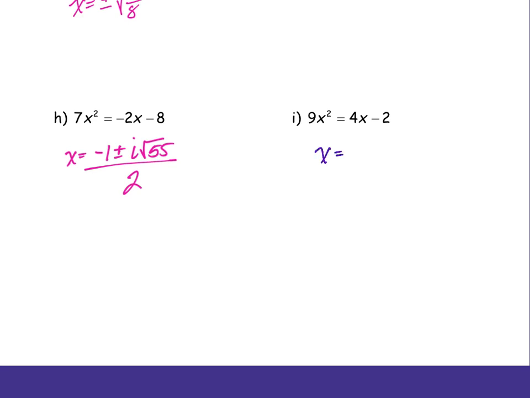X is going to equal 2 plus or minus i root 14 divided by 9. 2 out of 3, which one? H. Yeah, it adds to negative 220 underneath the root sign. So that's 4 times 55.